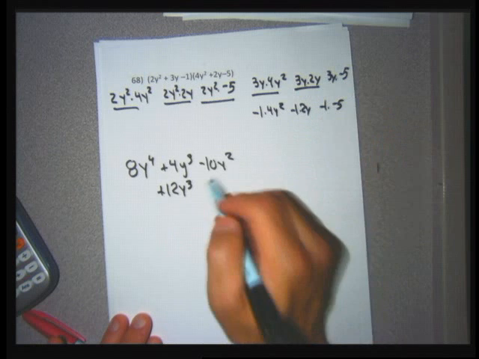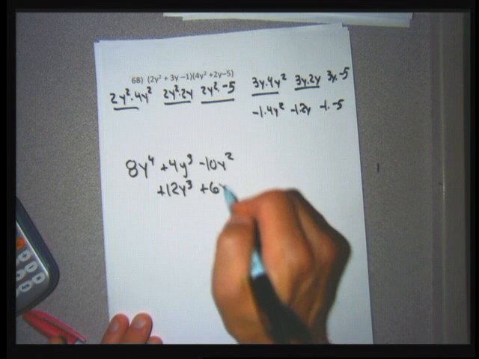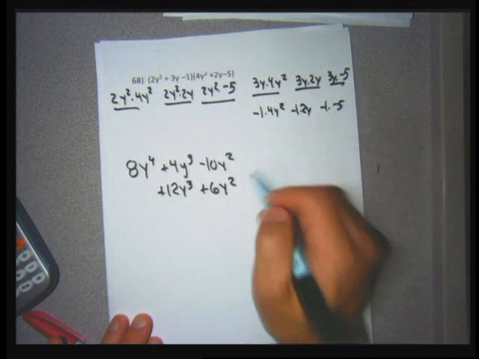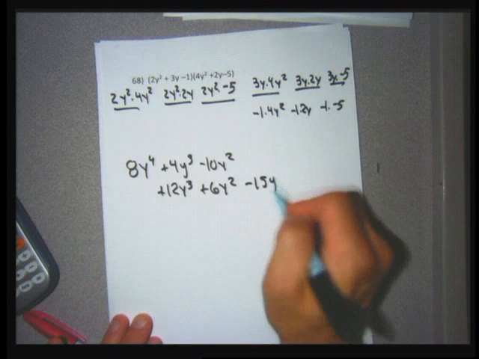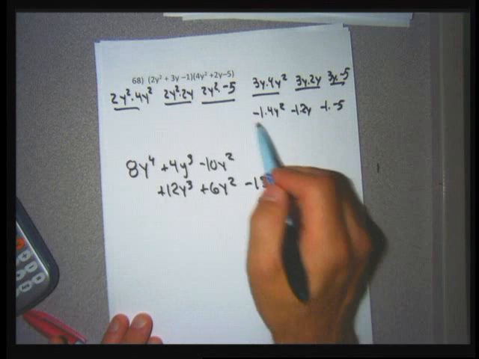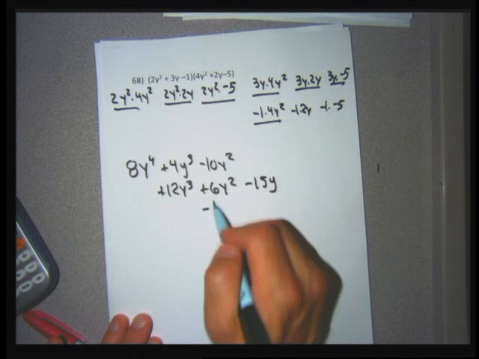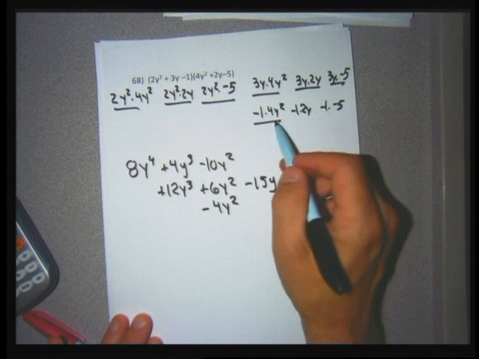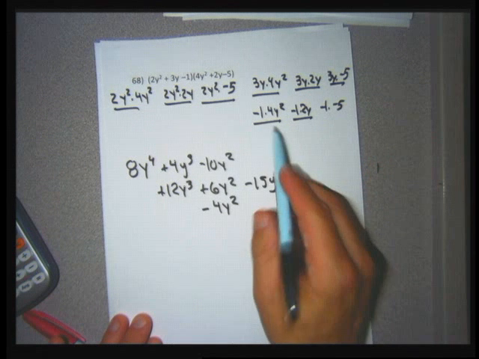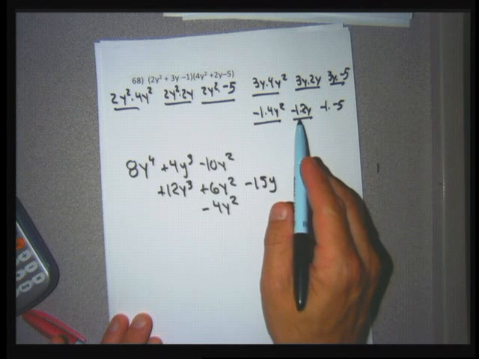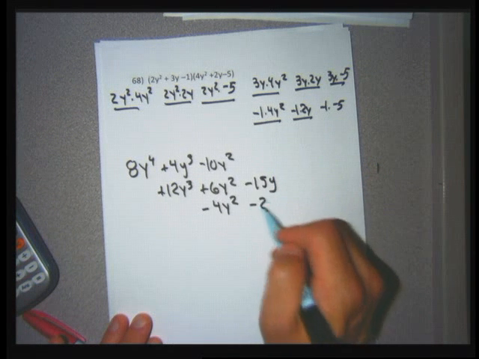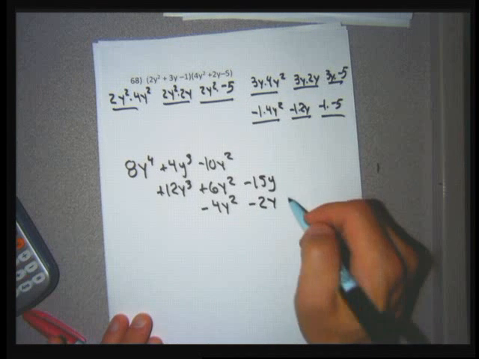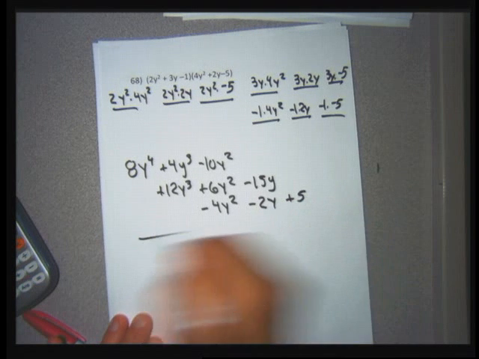Fifth multiplication, I get positive 6y squared. Sixth multiplication, I get minus 15y. Seventh multiplication, I get minus 4y squared. Eighth multiplication, negative 1 times 2y is negative 2y. Last multiplication, you get a positive 5.